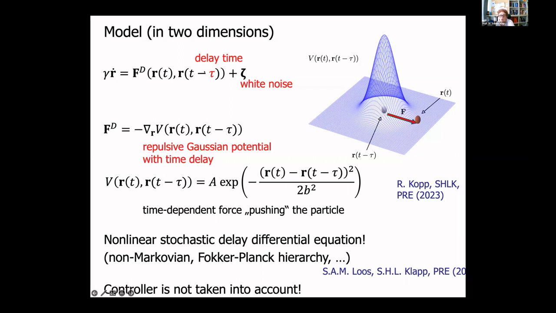So you cannot do all the standard tricks, like, for example, going easily to a Fokker-Planck representation or so. And the other point is it's a nonlinear problem, and we will see that the nonlinear character of this force is actually important for the dynamics.